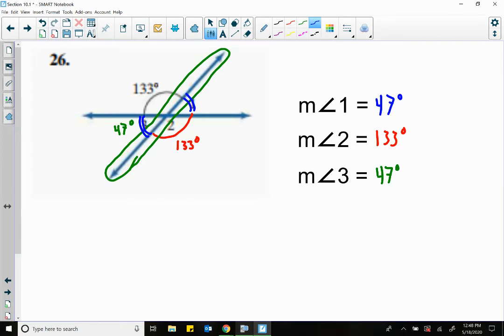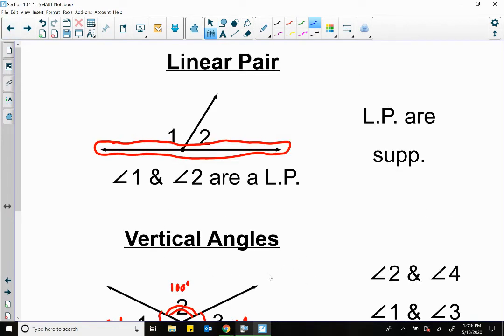What's cool about geometry, and what gave most students trouble in high school, was you didn't learn the vocabulary. Geometry has lots of vocabulary. And if you know that vocabulary, it's going to help you in the long run, because all of these values we knew because of vocabulary such as vertical angles and linear pairs.